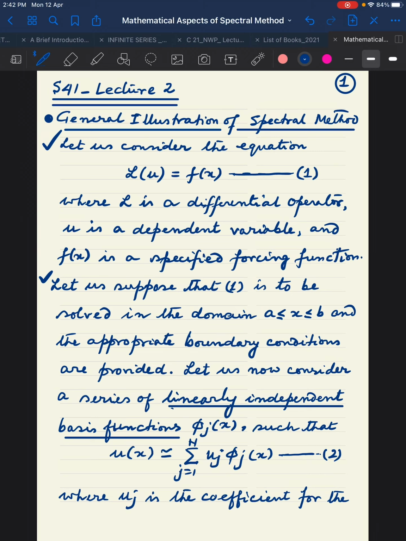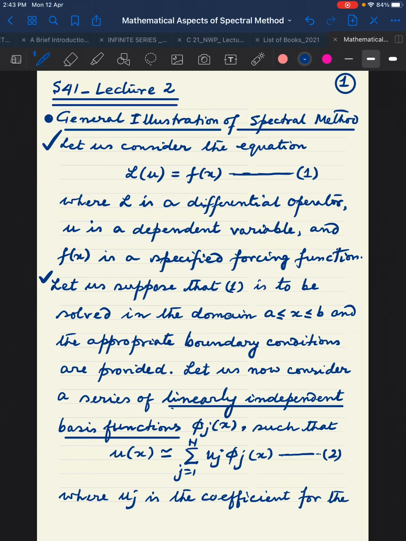Let us now consider a series of linearly independent basis functions φj(x) such that we can express u(x) approximately as the summation j = 1 to n of uj φj(x).